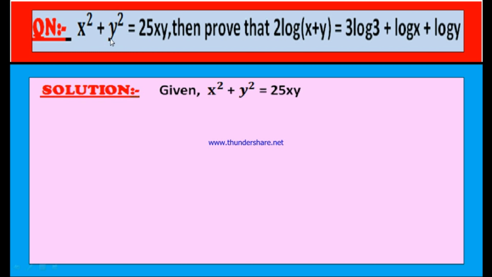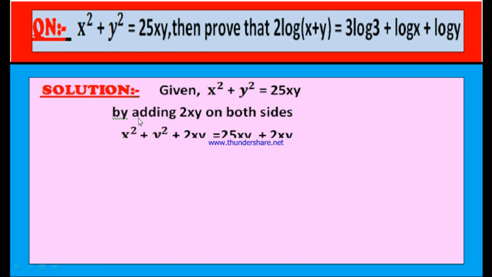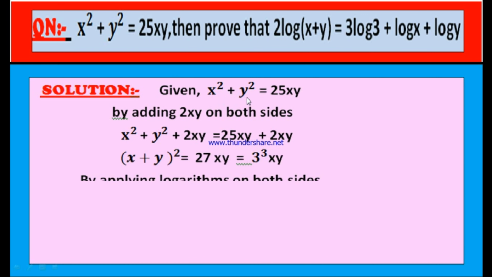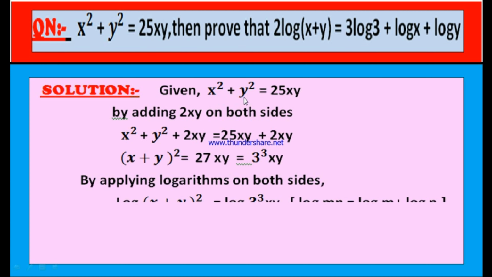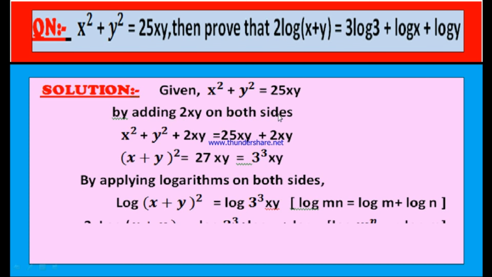Here in the given question we have x square plus y square is 25xy. Let us add 2xy on both sides. Why? Because LHS is in the form of a square plus b square. If the 2ab term is also there, then you can write it in the form of x plus y whole square. Further, let us add 2xy on both sides.